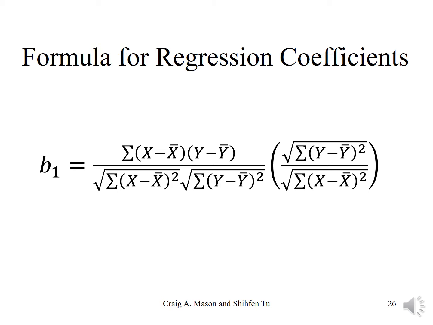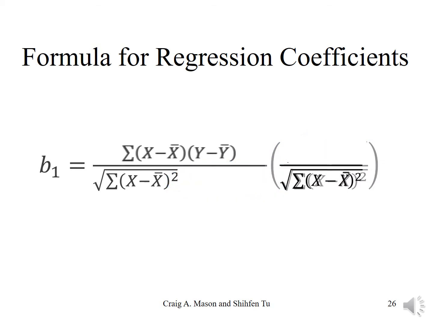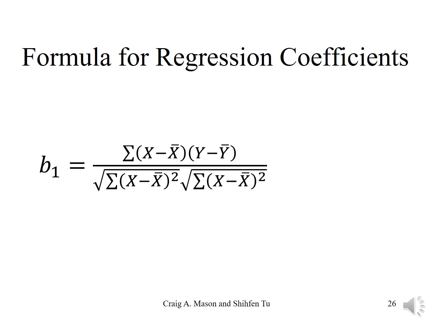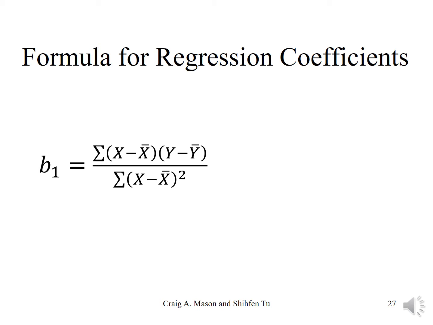Now notice we have the square root of the sum of squares for y in both the numerator and the denominator. These will also cancel out, leaving us the sum of x minus x bar times y minus y bar over the square root of the sum of squares of x times the square root of the sum of squares of x. Well, given we have the square root of the sum of squares of x times the square root of the sum of squares of x in the denominator, that solves to just the sum of squares of x.